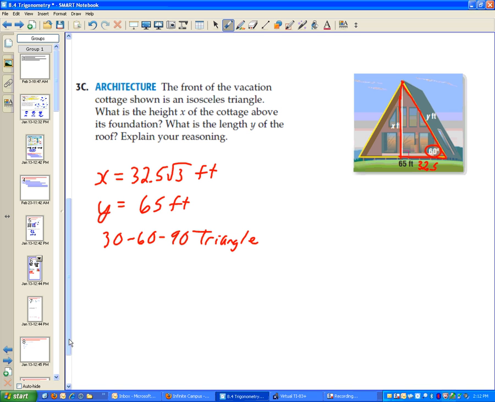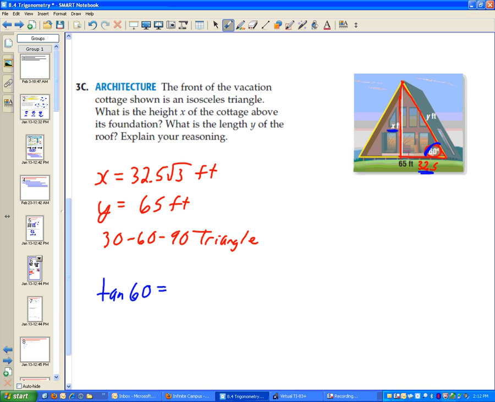Let's say you do forget our good friend 30, 60, 90. Can we still work this problem? Yeah, to get x, using this 60 degrees here, I know I'm looking for x, so I need to use tangent, don't I? Can't I say that the tangent of 60, did I call it 65?